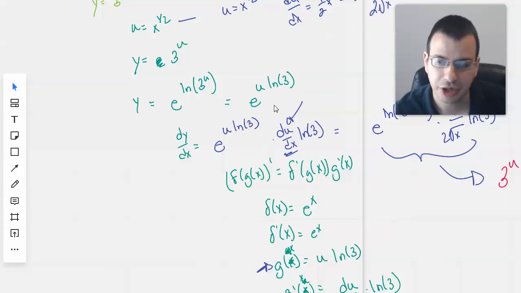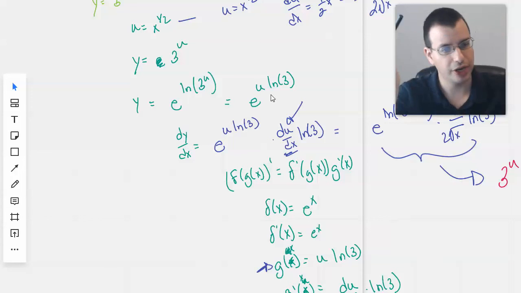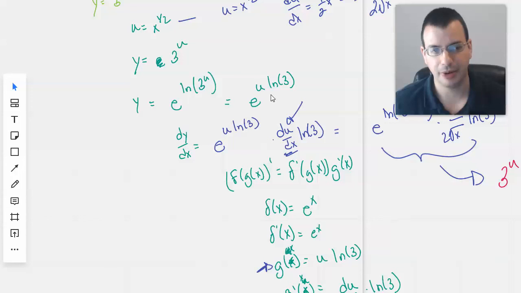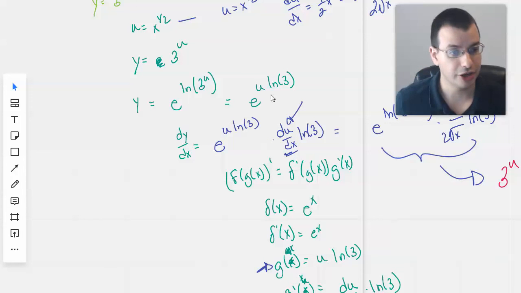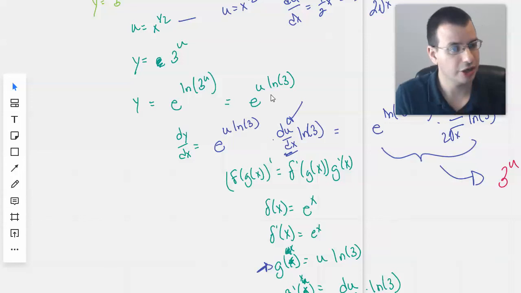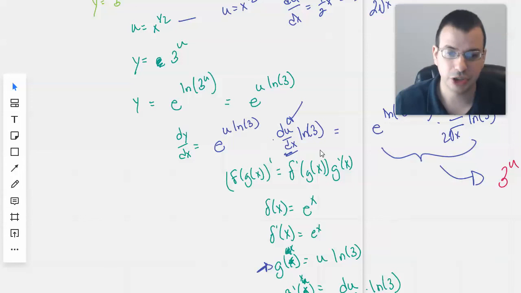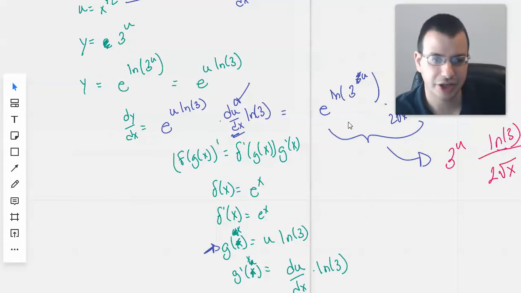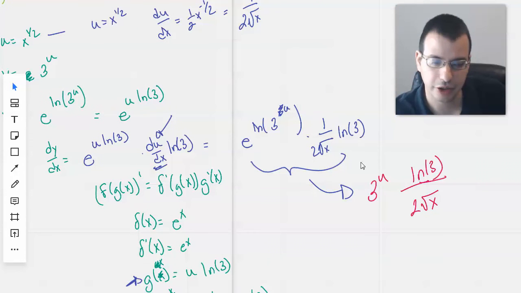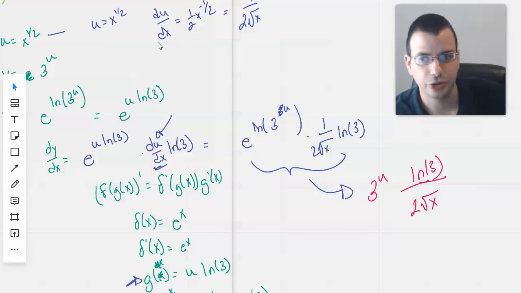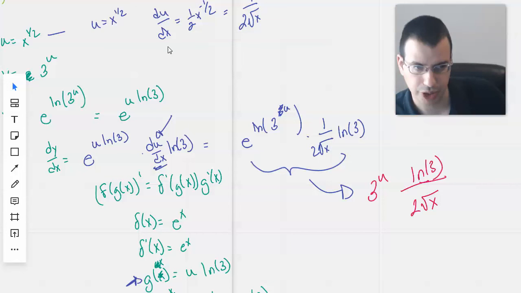So we do the chain rule. The e to the whatever is still e to the whatever, in this case u natural log of 3. But then we multiply by the derivative of u natural log of 3, which is natural log of 3, because it's a constant, times du dx. Another thing we had to do was find what du dx was, which we did successfully.